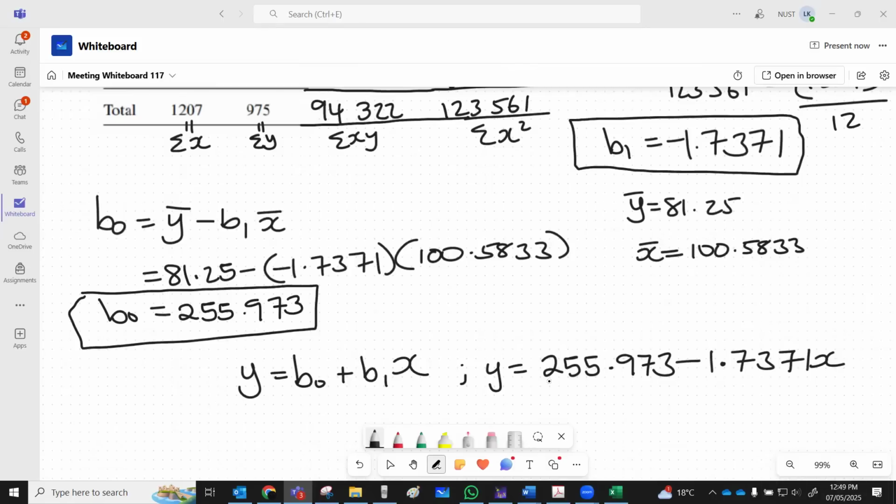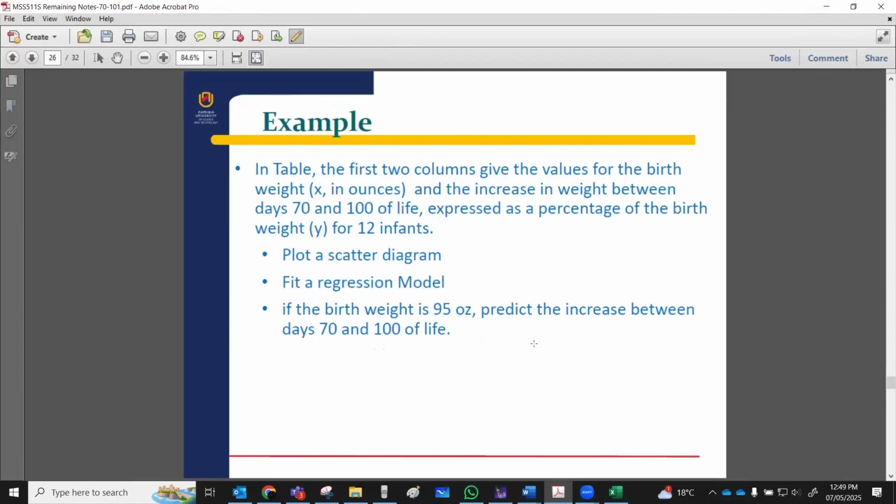So that is our regression line, our regression model. Then the last part says, if the birth weight is 95 ounces, predict the increase between 70 and 100 days of life.